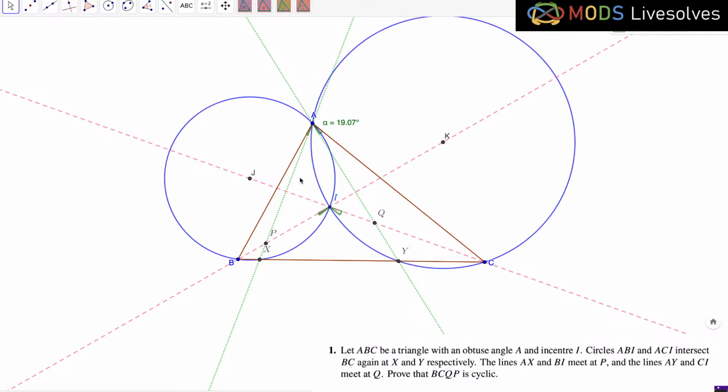Yeah, from the claim. And then PIA is just 180 minus A over 2 minus B over 2, which is going to be 90 minus C over 2. So we're done with that part of the question. But we still have to show the first claim. Yeah, that's what I'm trying to do.